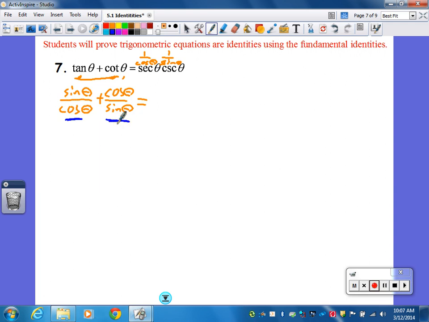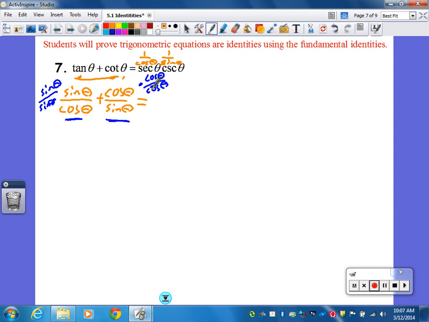So what do I need to do to get common denominators? Well, multiply by sine theta. So we're multiplying by 1 on that side and multiplying by 1 on this side. So we're not really changing the equation, we're just multiplying by 1. So we get common denominators, something we've been doing since like 3rd grade or something like that.